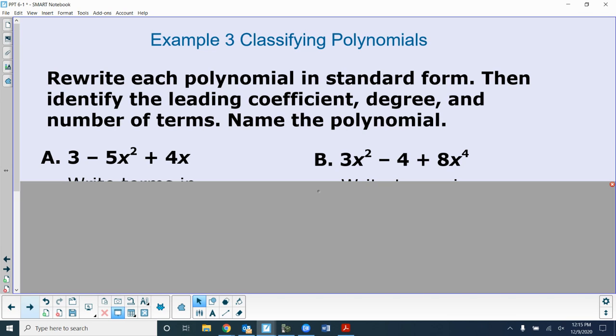Negative 5, good. What's the degree, Kendra? 2, right, the highest one you see. Number of terms, 3. So what's its name? Trinomial. What kind? Not cubic. Quadratic trinomial.